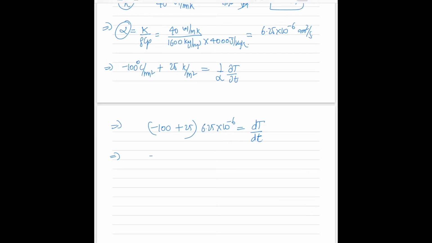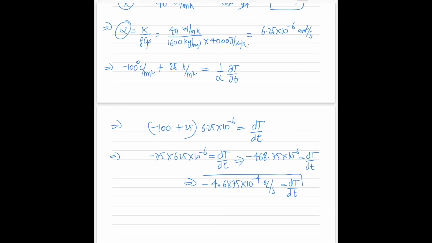This is equal to minus 75 into 6.25 into 10 raised to power minus 6 equal to del T by del tau, or we can write minus 468.75 into 10 raised to power minus 6 equal to del T by del time, or if we want to simplify it further, 4.6875 into 10 raised to power minus 4 degrees Celsius per second, del T by del time.